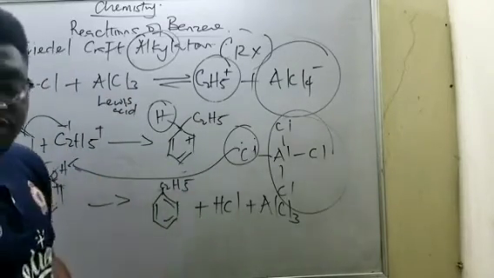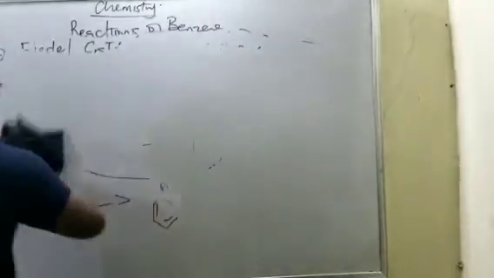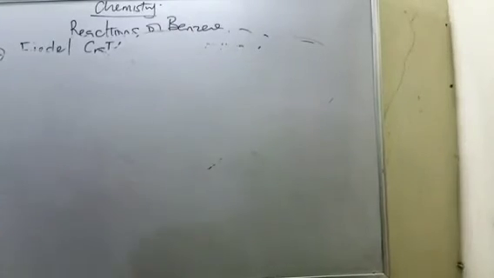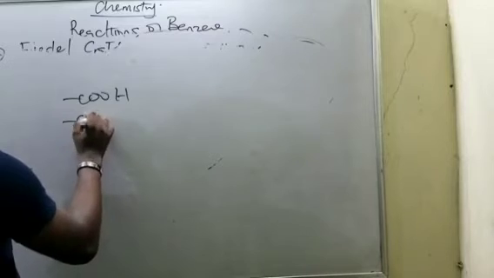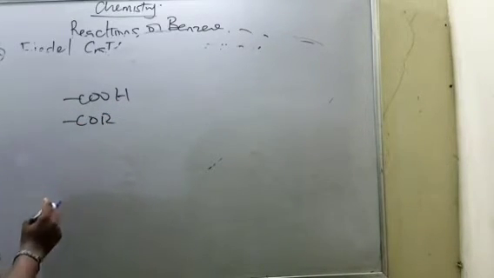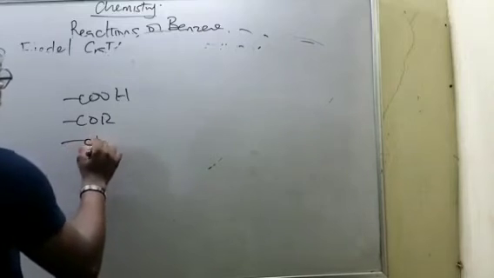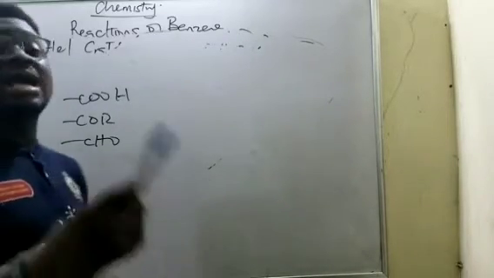Examples of electron withdrawing groups we have are COR, and we also have CHO. So if this was present on the benzene ring, it will not allow the incoming alkyl.